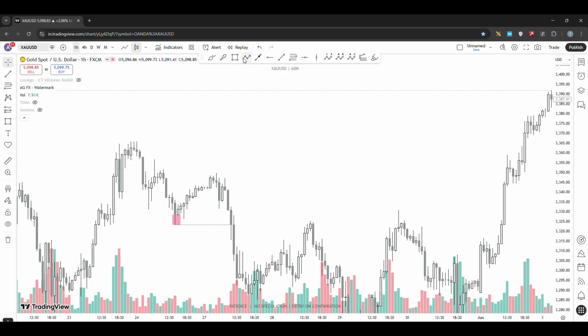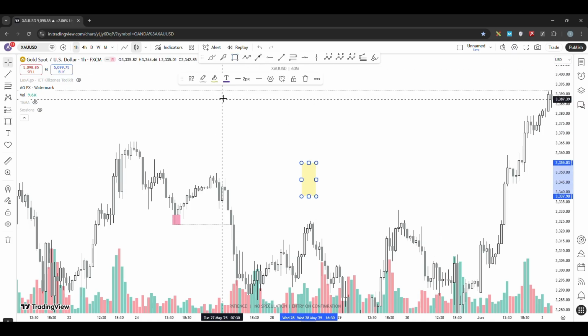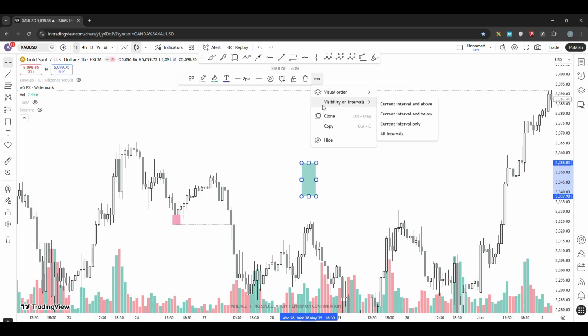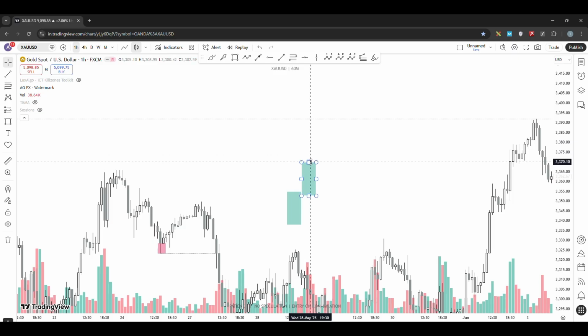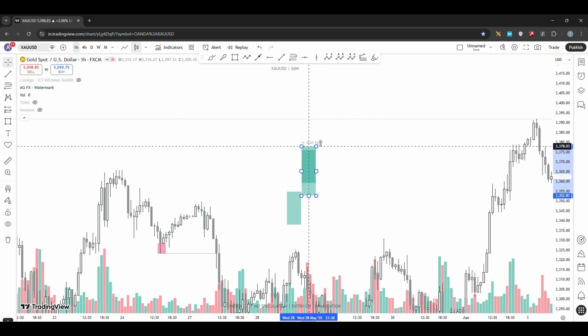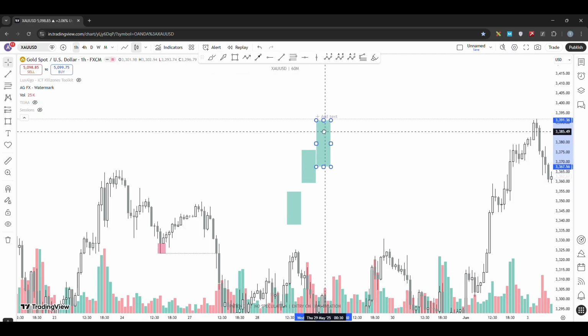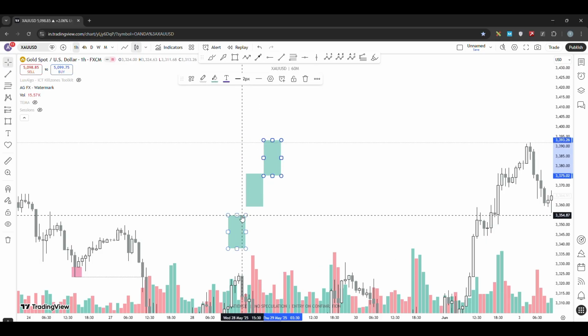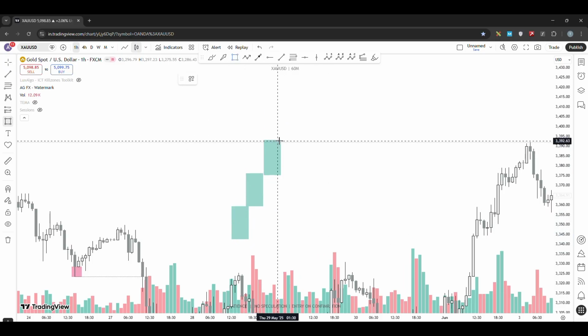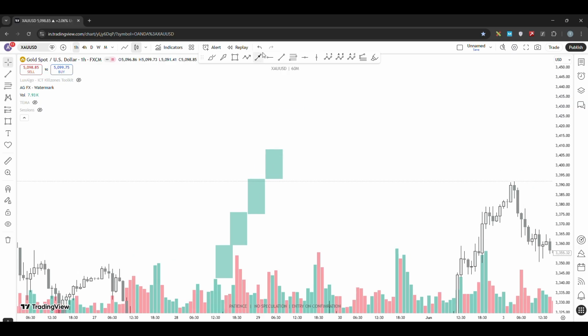So what you can do is, let's say the market is pushing higher like this. Let's say we've got multiple green candles one after another, and obviously they have wicks, but I'm not considering the wicks. And we get another green candle like this, and then another candle with wicks like this.